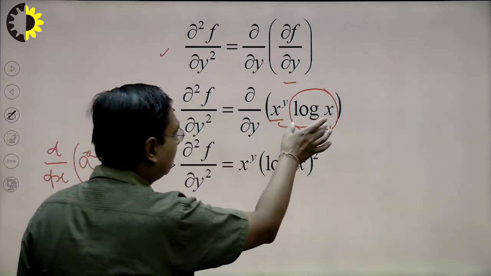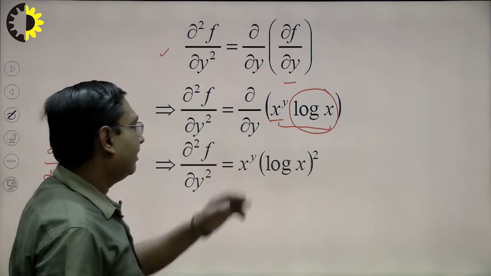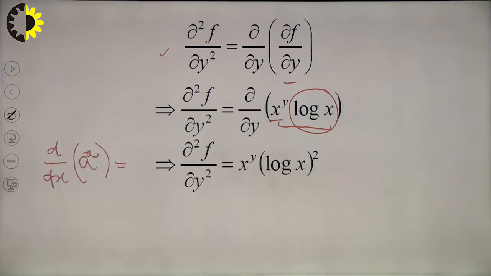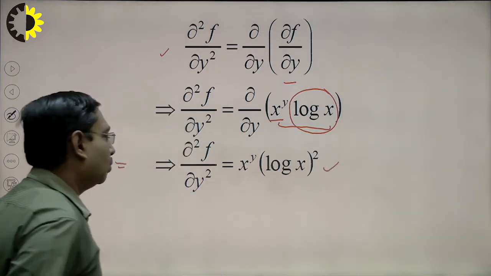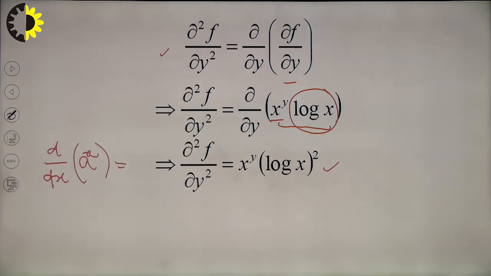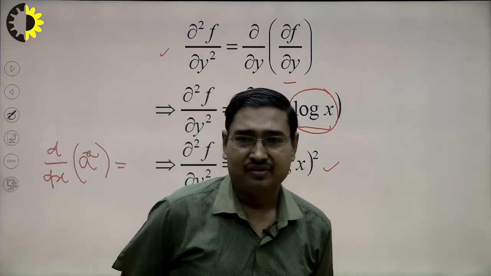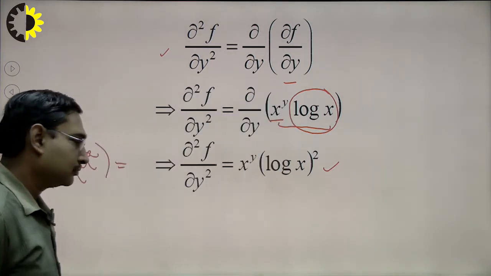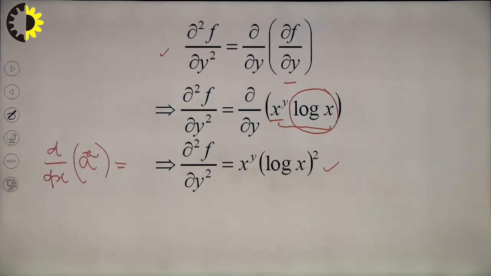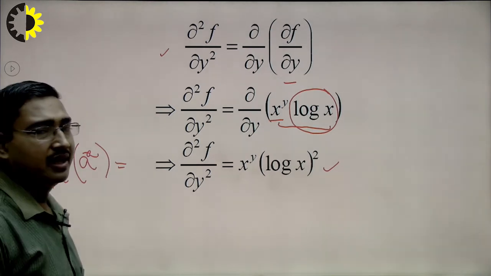Taking this log x outside, derivative of x to the power y will be x to the power y log x, and this term becomes del 2f over del y square. I have calculated all partial derivatives up to second order because we are interested in finding the expansion up to second degree terms.